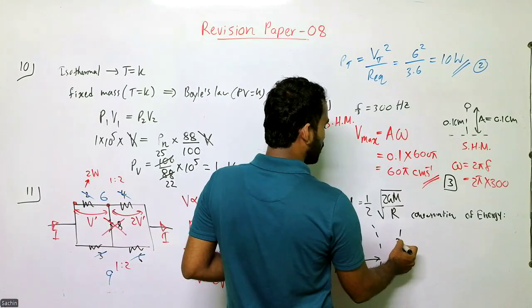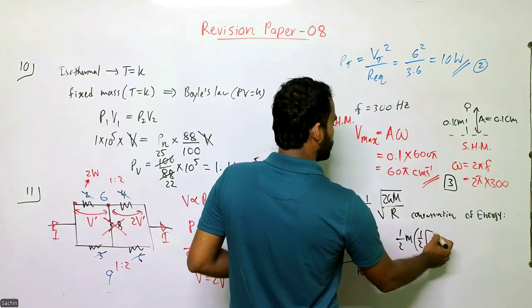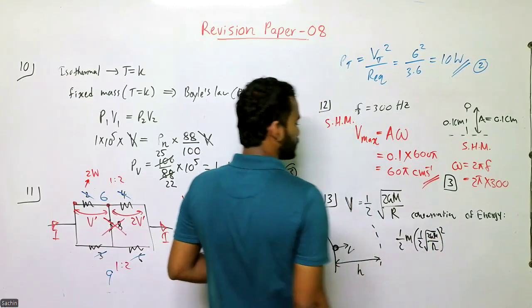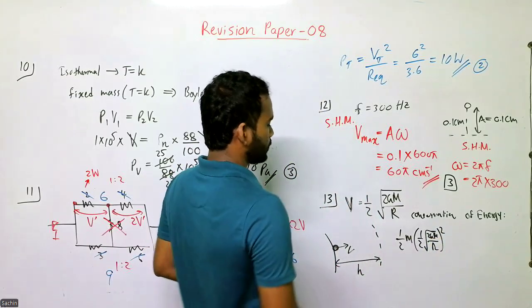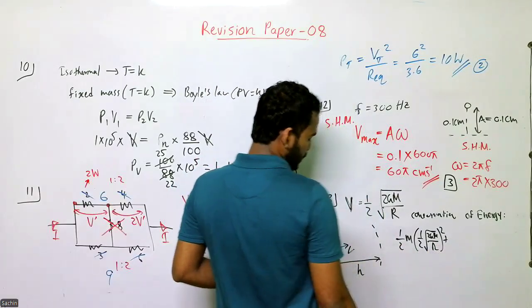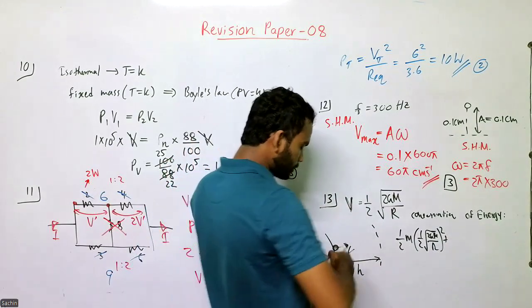Kinetic energy is half m, times the velocity, half of the square root of 2GM over R, squared.